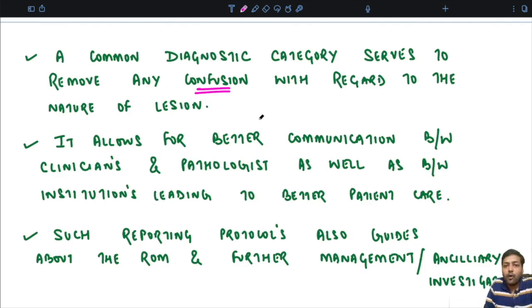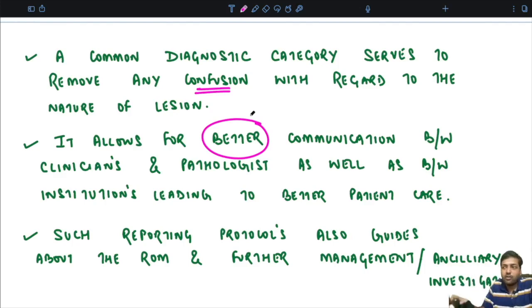It allows better communication between the treating clinician and the pathologist, as well as between institutions. For example, I have reported a particular slide, but my institute does not have the facilities to treat that patient, so I will refer the patient with that FNAC report to another institution.